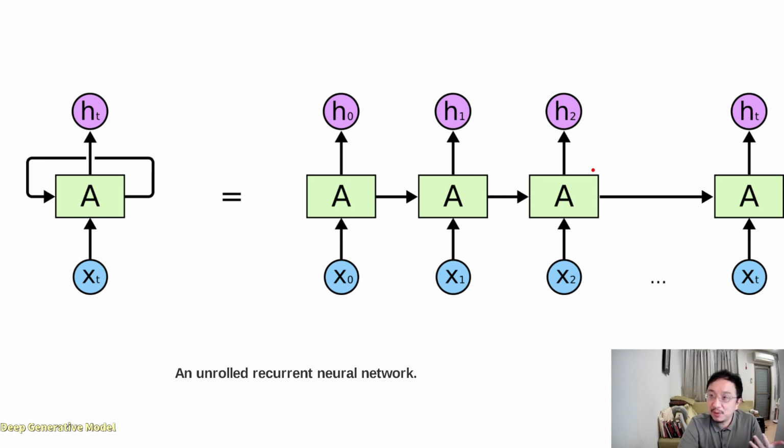And sometimes you don't even want your output to be a sequence. For example, we want to do a classification on an English sentence. Maybe we want to classify this sentence as having a positive meaning or a negative meaning. So you only need one output. In this case, we have several ways to aggregate this output sequence into one output. The usual ways are maybe we can take the last one.